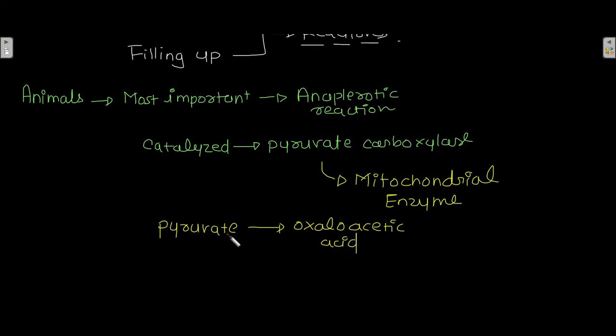So pyruvate is converted into oxaloacetic acid, and this conversion is catalyzed by a mitochondrial enzyme known as pyruvate carboxylase. This conversion is the most important anaplerotic reaction occurring in animals.